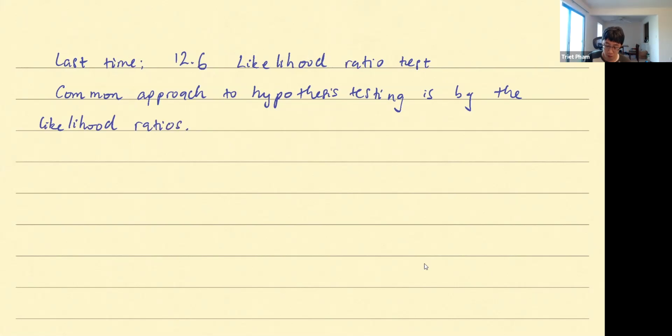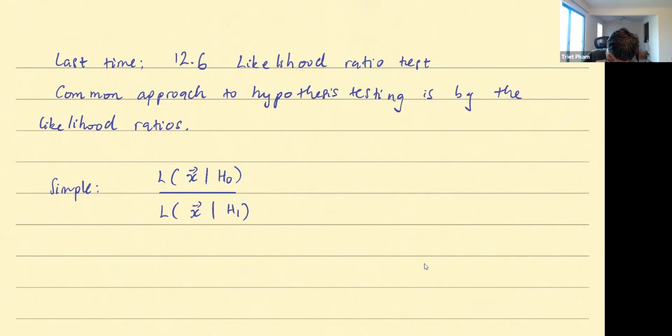The difference is only about when you have simple hypothesis versus composite hypothesis. If the hypotheses are simple, then you have what we had before, which is the likelihood function under the null divided by the likelihood function under the alternative.